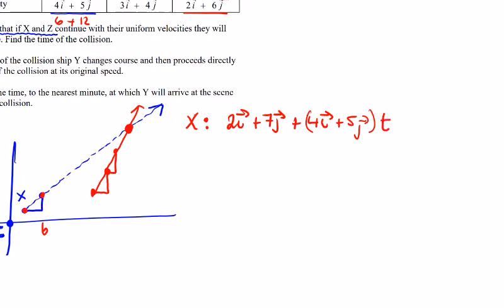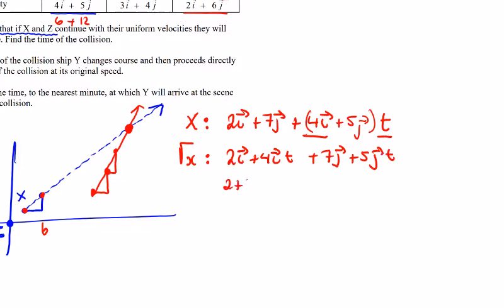So at any time, we can call the relative position of X R of X. It is going to be 2i plus 4it, and 7j plus 5jt. So that's (2 plus 4t) times i, plus (7 plus 5t) times j. That's the relative position of X.